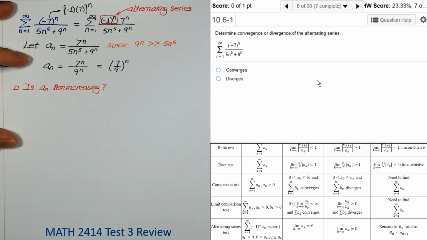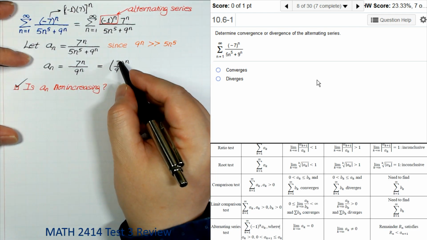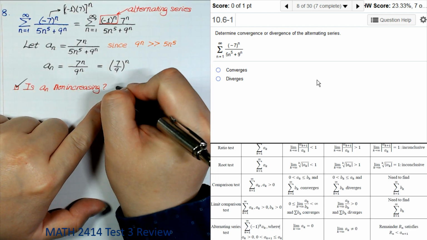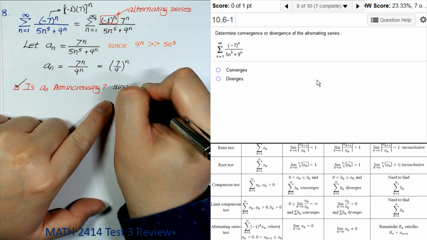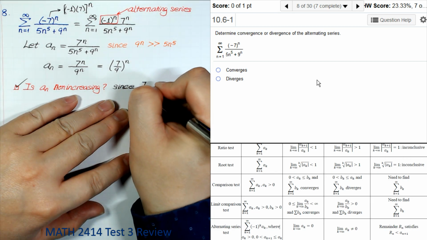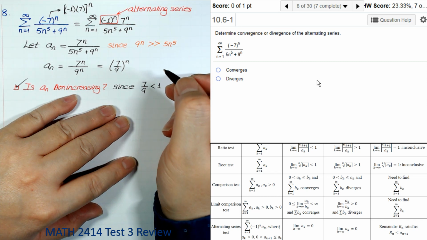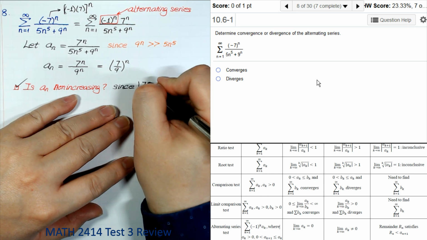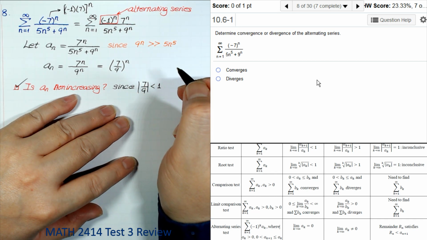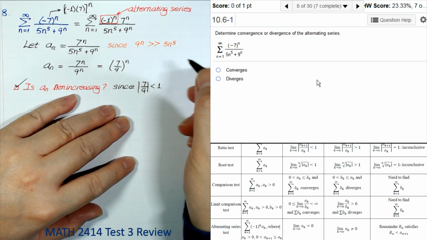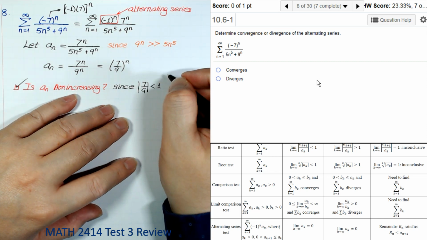And that's clearly checked, because this number is less than 1, absolute value less than 1. So when raised to the power, that one goes to 0 and is decreasing.